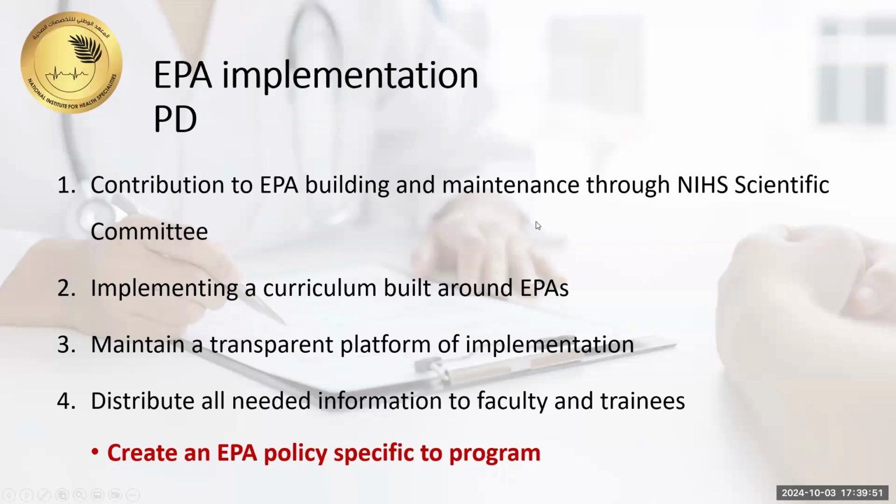Remember, the PDs do have the possibility, as part of the scientific committees, to build the EPAs. So they may be part of the very initial decision on how the EPAs look. They have to make a curriculum which is built around the EPAs. So they teach having in mind the tasks to be done later on.